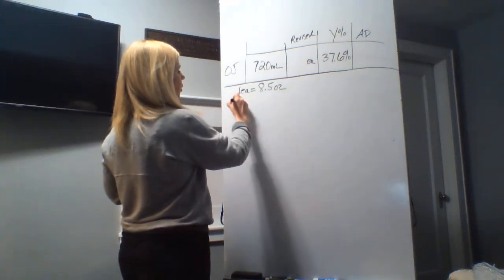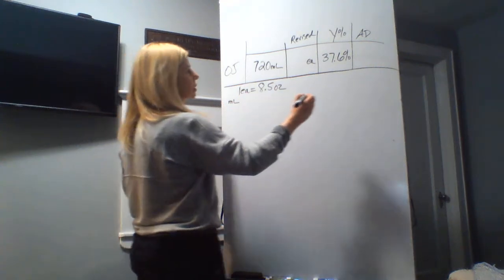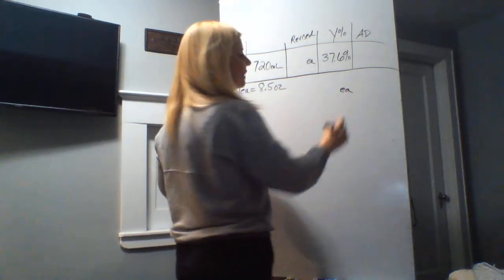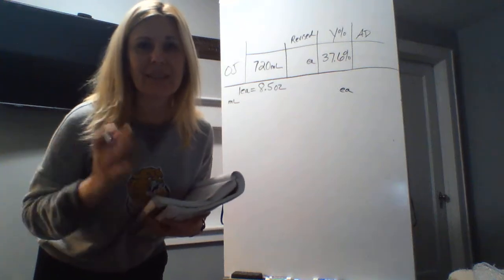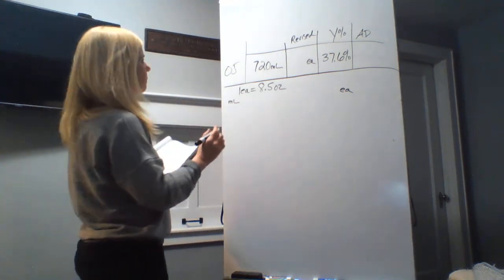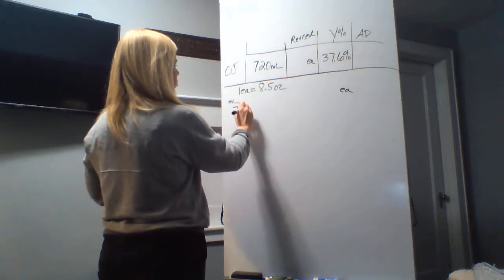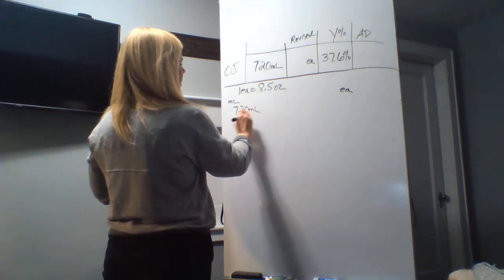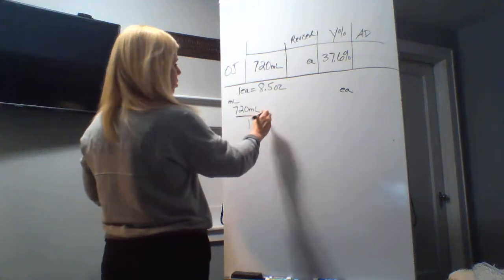So let's start converting from milliliters to eaches. This is quite honestly the toughest conversion in the whole problem when we talk about juicing citrus. We're starting with 720 milliliters, and we want to convert to eaches.